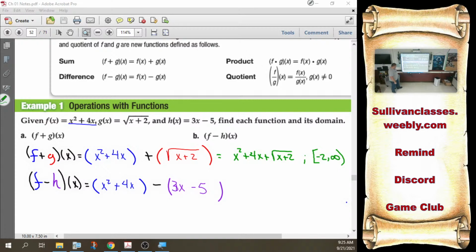Contestant 2, please remember to distribute. Say that's x squared plus x plus 5. Do I have an x in a denominator, an even radical, or a logarithm?